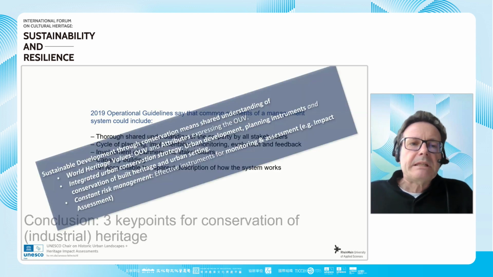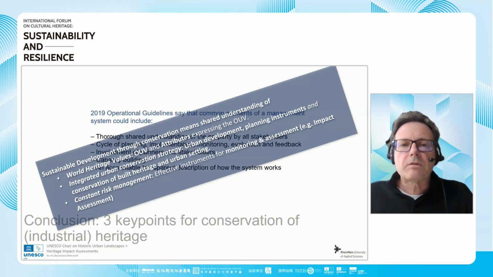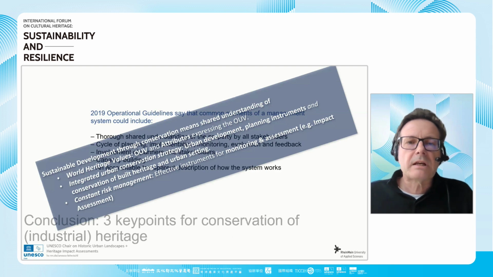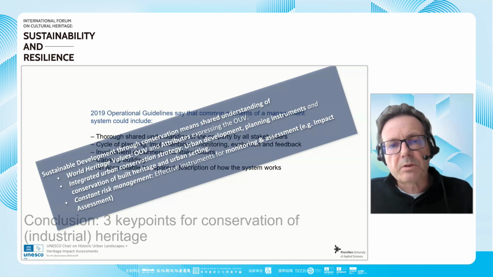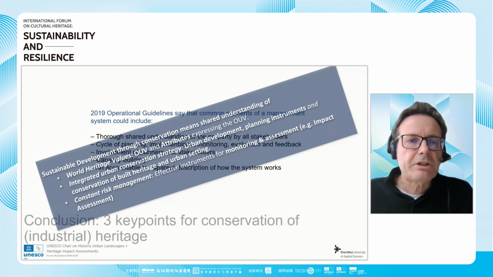So in my view, this means that we have to have clearly identified World Heritage values. We have to have a common sense of what World Heritage values are, what attributes are expressing this OUV, because otherwise it's quite impossible to maintain a site, but also to manage transformations of the site.